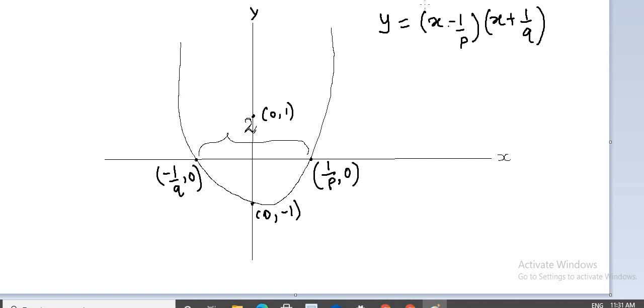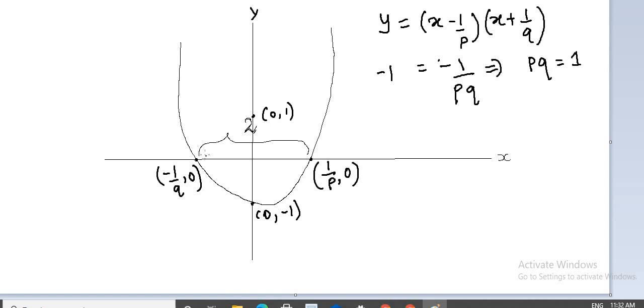So let's substitute the values and get a relation. y is minus 1 and the x value is 0. This gives you minus 1 by pq, which concludes that p into q is equal to 1.